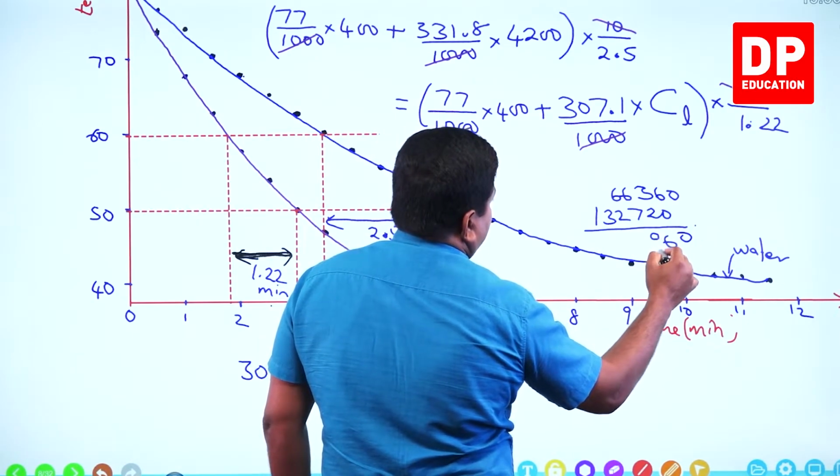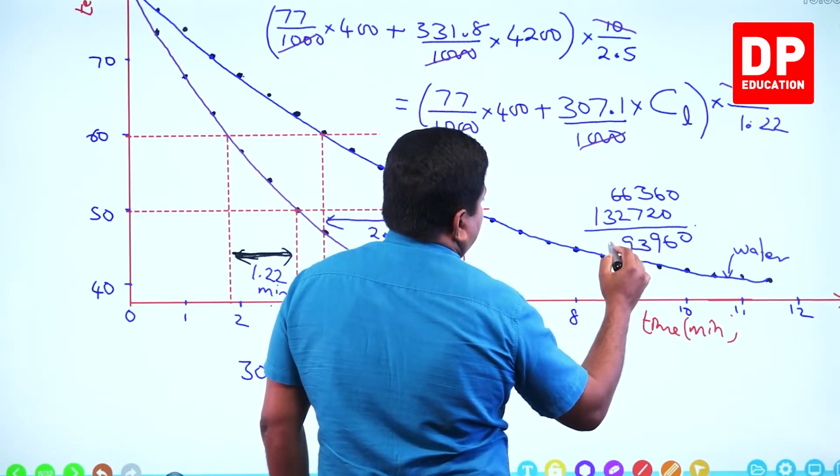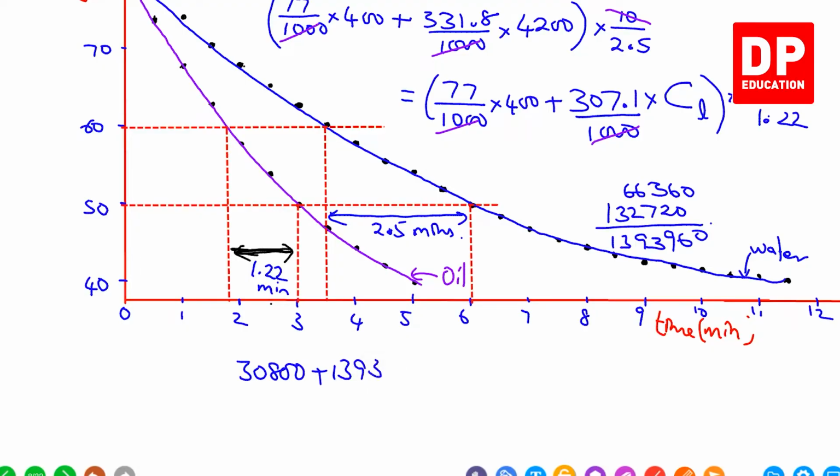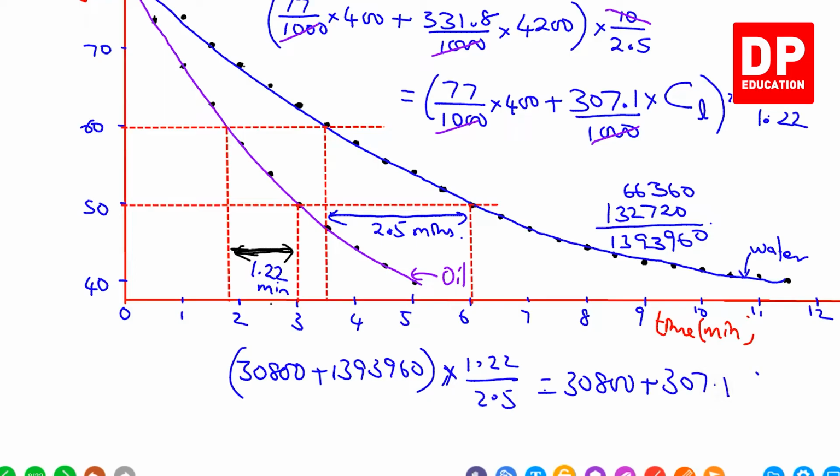That gives 1393, 960. Into that 1.22, I can also bring it up here: 1.22 divided by 2.5. On the other side again you have 77 into 400, which is 30,800, plus 307.1 CL.